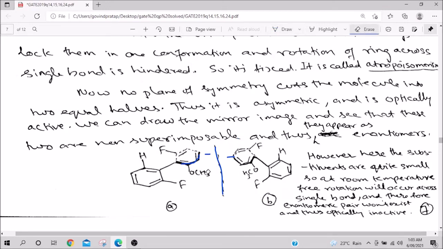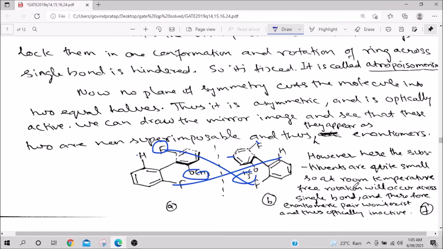You can try as much as you want, halt it, stop it and think about it. You can think, no, you just rotate it 180 degrees. So, this comes and sits on this, fluorine comes and sits on this, but once you do that, this H will come outside the screen and this OCH3 will go inside the screen. So, these two are not superimposable.